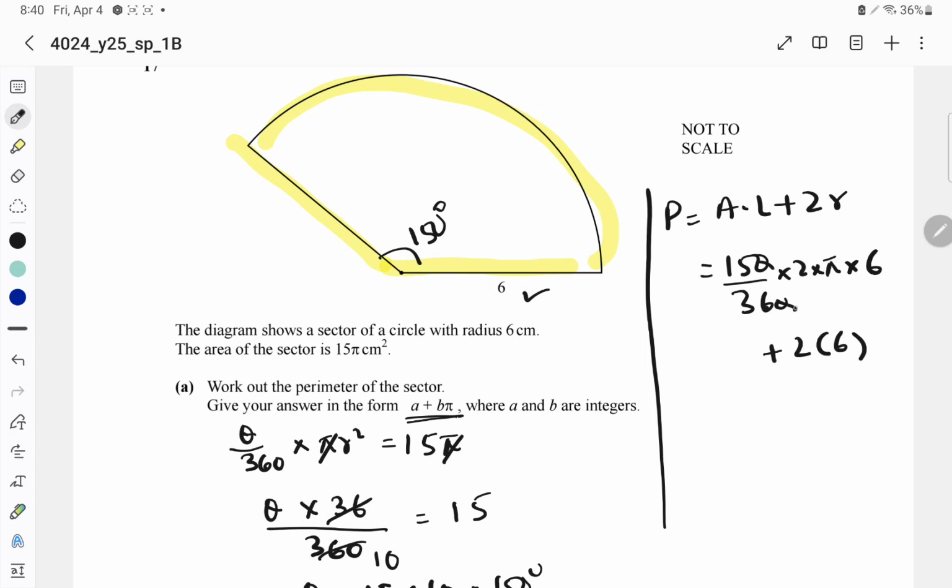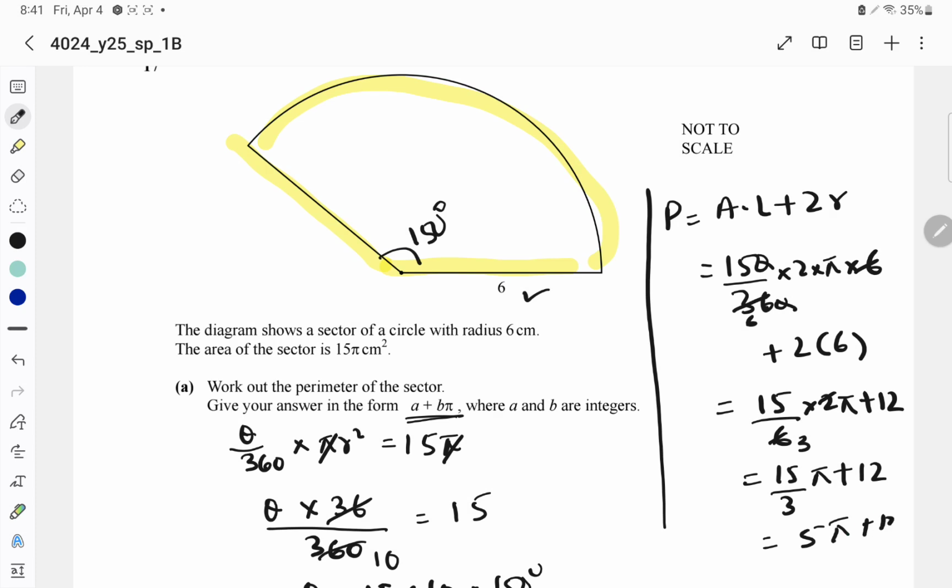Zeros cancel. Now 6 times 6 is 36, cancel. So 15 over 6, I'm not cancelling everything because that will not be visible then, times 2 pi plus 12. Now 2 times 3 is 6 and 3 times 5 is 15. So 15 over 3 pi plus 12, which is 5 pi plus 12, is your answer.